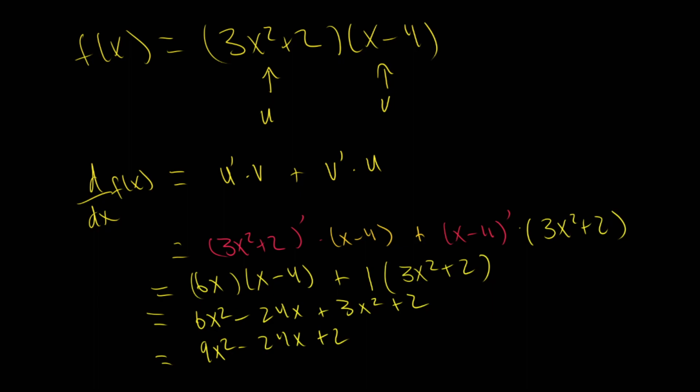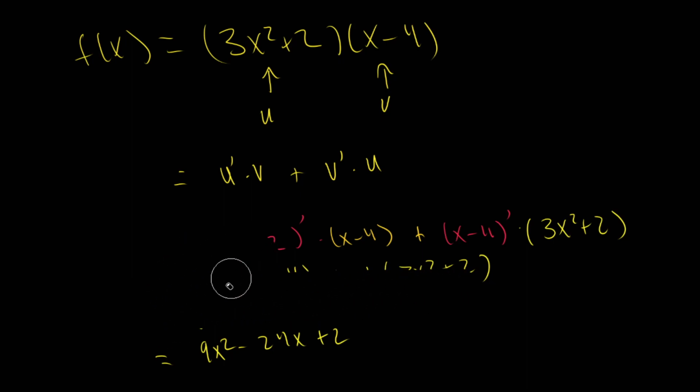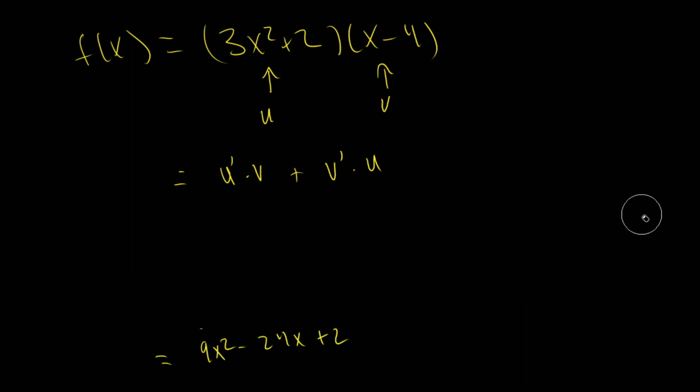Now, we can actually verify this if we expand this, right? So let's go back to what we did previously. Let's erase all this except for the final answer, and let's just expand this and use the power rule, right? We go back to our basic ways.